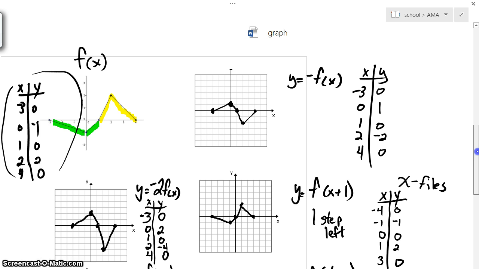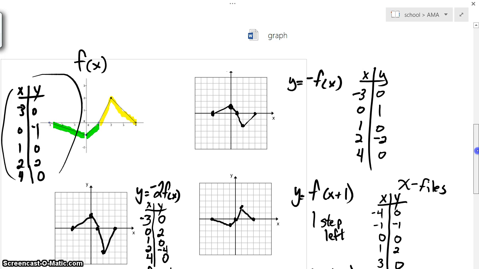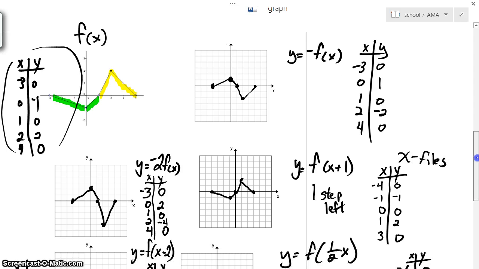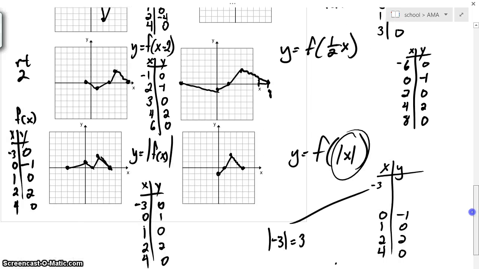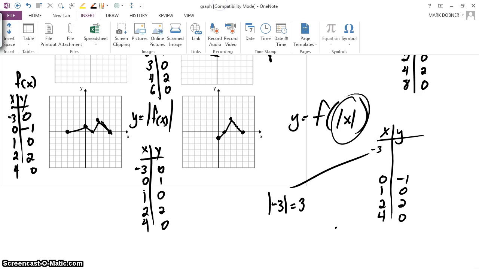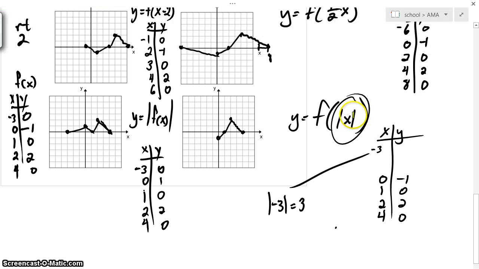You saw that it had some control points, if you would. But what was so very different about this last problem is that right now we're dealing with the absolute value of x inside of f. That must be performed first.